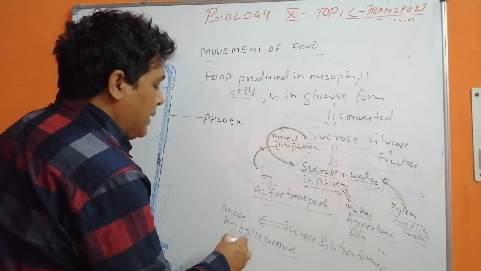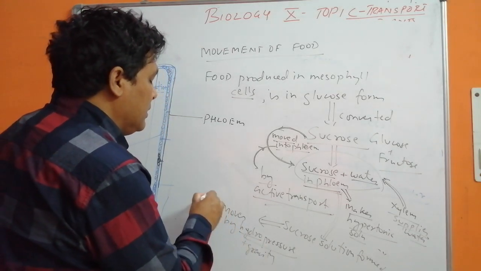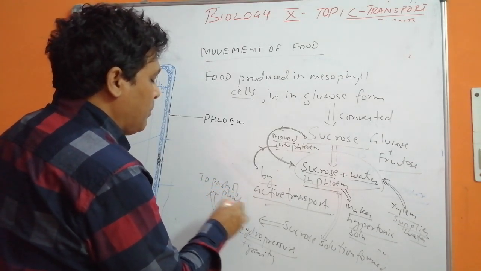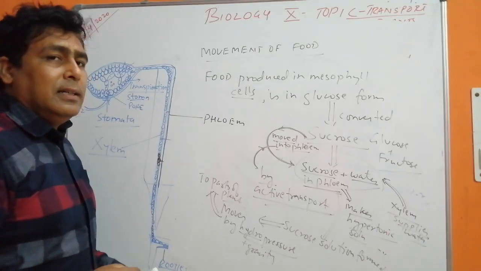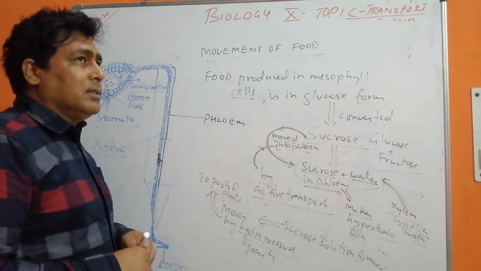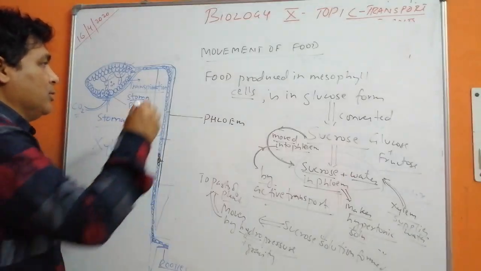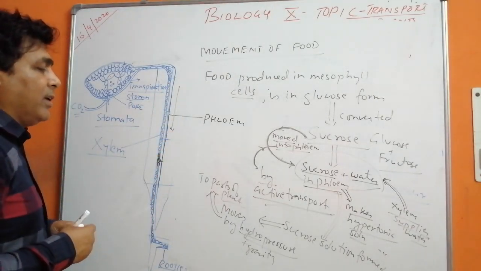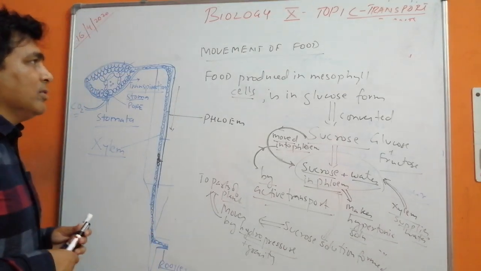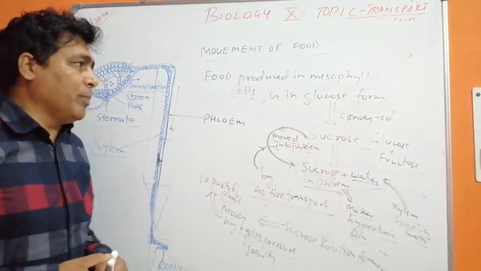Now this pressure plus gravity pressure allows the movement of the food to parts of the plant, and the companion cells help to make it move to the parts which are required. The flow of the food is not that fast, it is a very slow process. So children, we learned today about the movement of the food and the movement of the water. Okay, I am ending my topic here. Thank you.